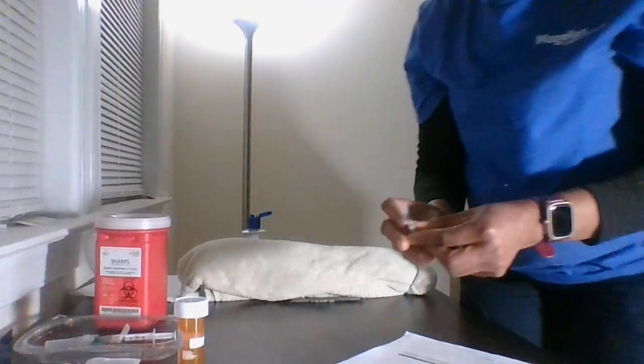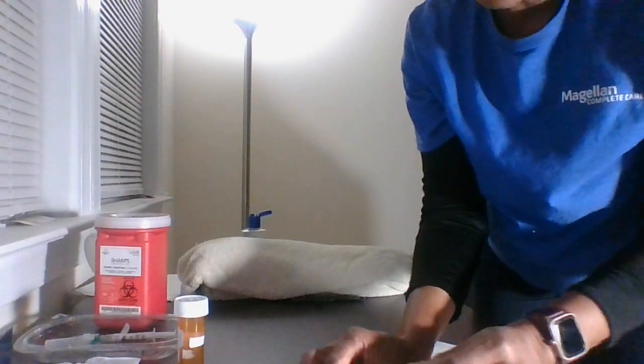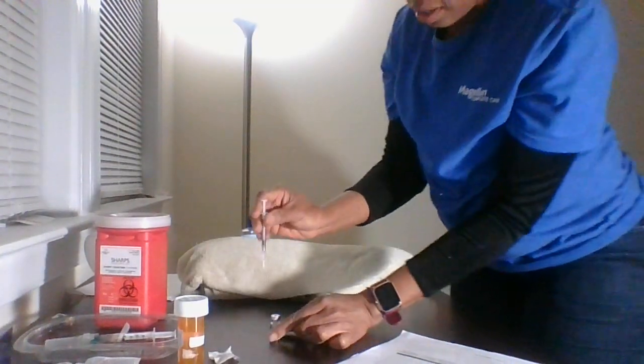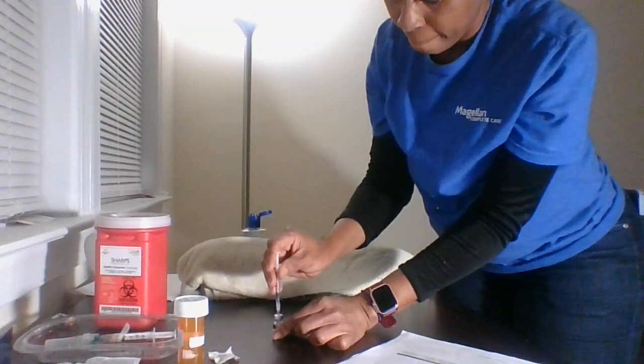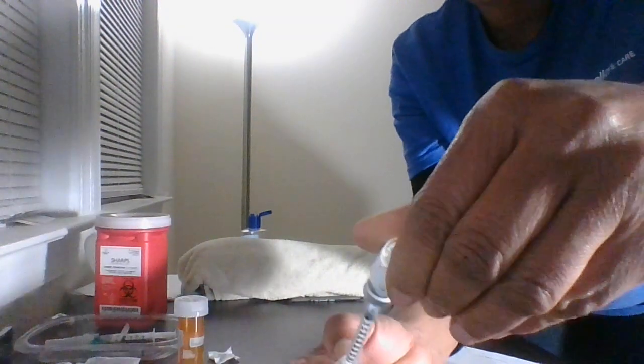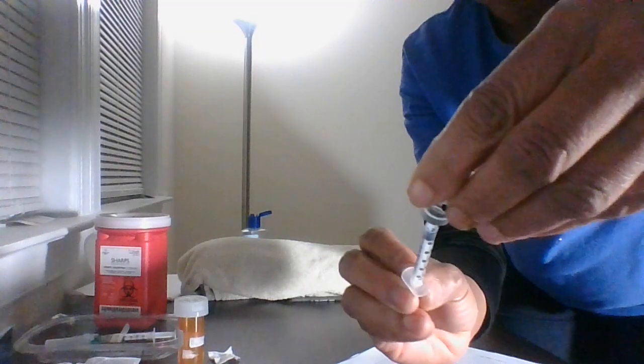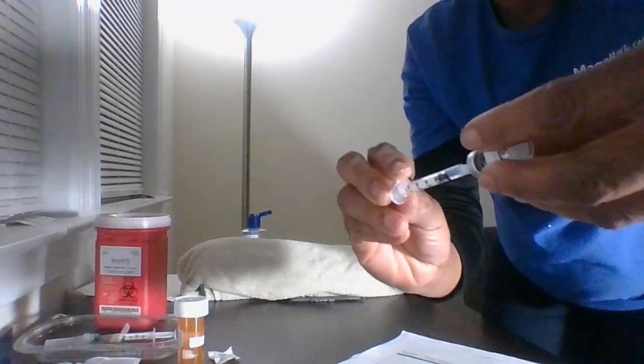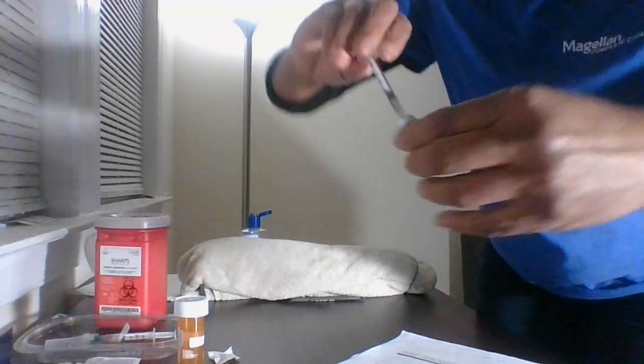All right, so I'm going to inject the air into this vial, the 10 units of air. Then I'm going to draw the same amount into the syringe. I have that. Hopefully it shows.